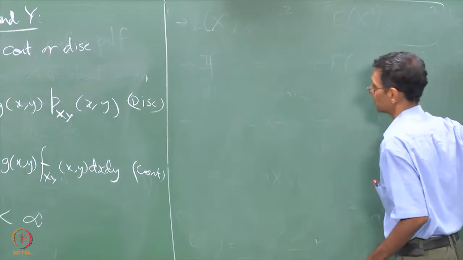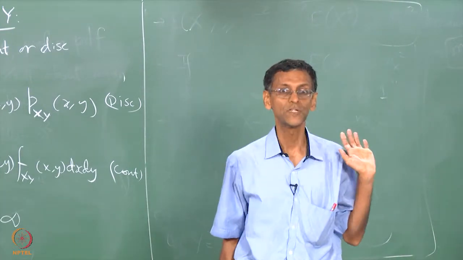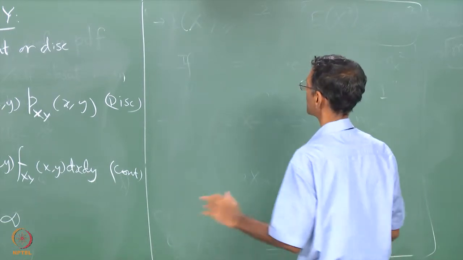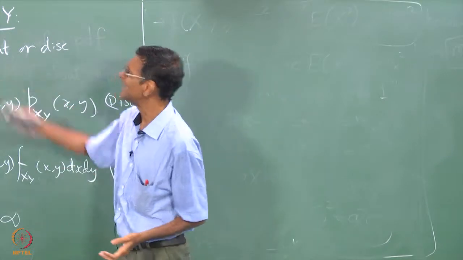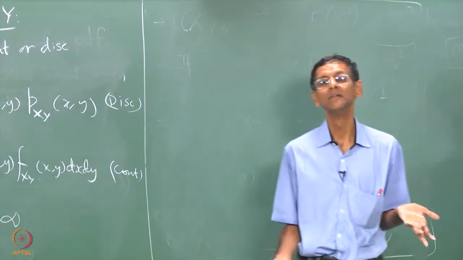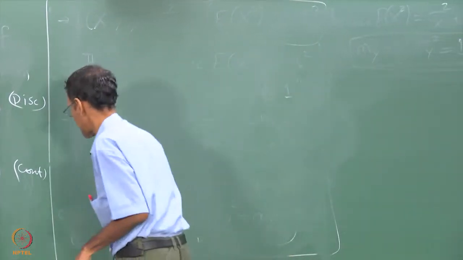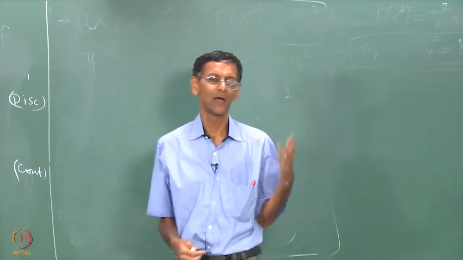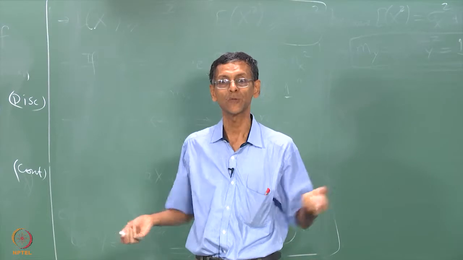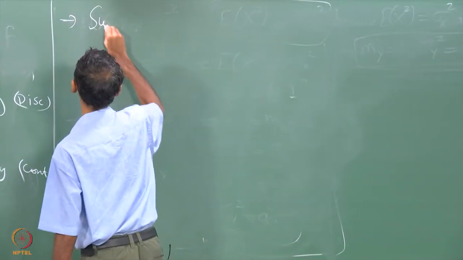So the meaning of E is always an average, a statistical average, no matter how you define it. That brings up the question: is this E that we have defined here consistent with the case where you have only x? What if g of x, y is x, as we saw in the context of transformations, you can always define g of x, y to be x.